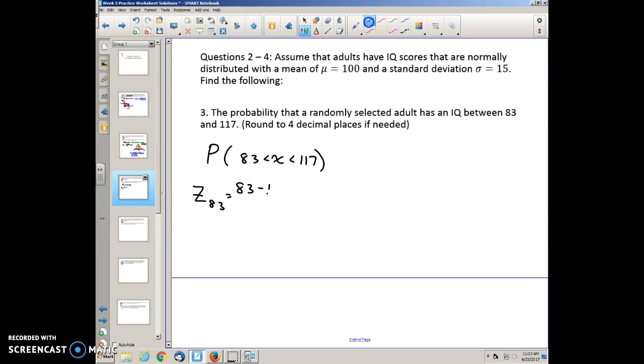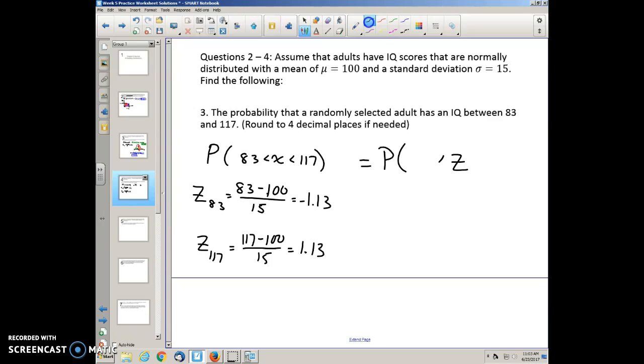So X minus mu over sigma, and we get negative 1.13. And then the z-score for 117, it's the same distance away but in the opposite direction, so we get positive 1.13. So now this is equivalent to the probability that z is between negative 1.13 and positive 1.13.